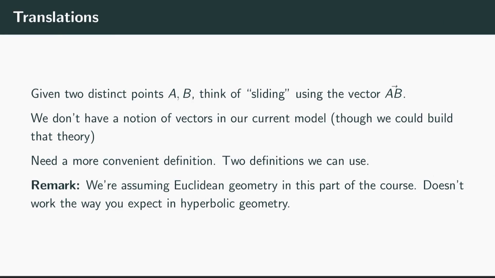So the idea that we want to make sense out of is this idea of sliding using a vector. A vector is very naturally the right kind of object to think about in order to make sense of a translation. Now there's a little bit of bad news here, which is that we have not defined vectors in this class.